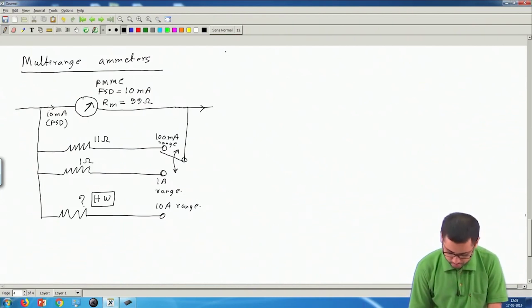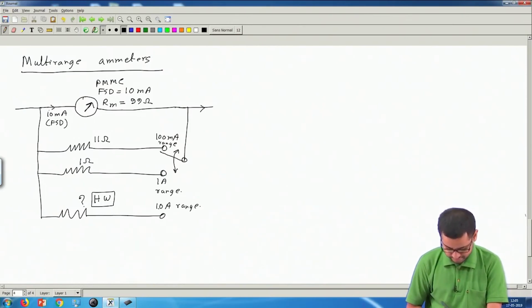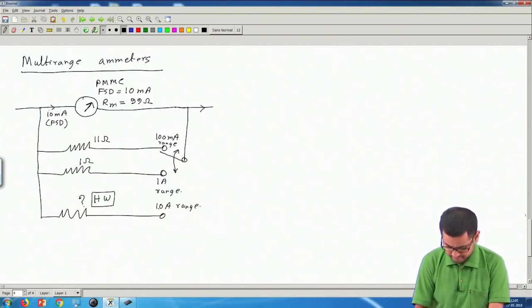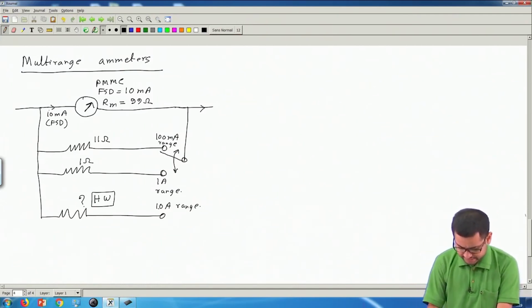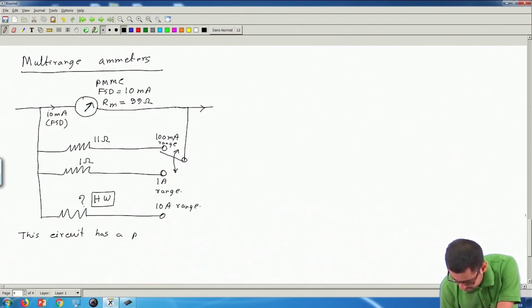Now, we can have another type of circuit for multi-range ammeters, because this circuit has a small problem. What is that problem?